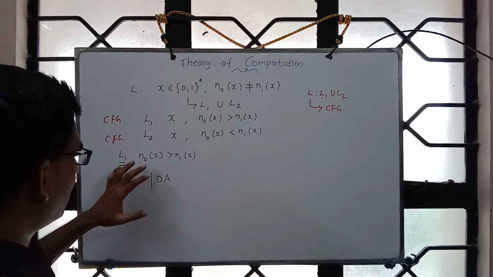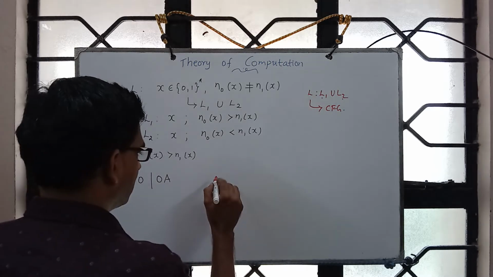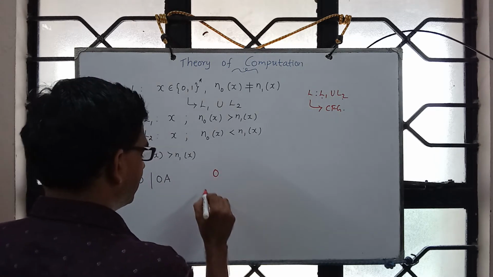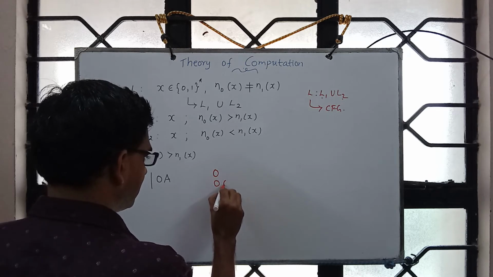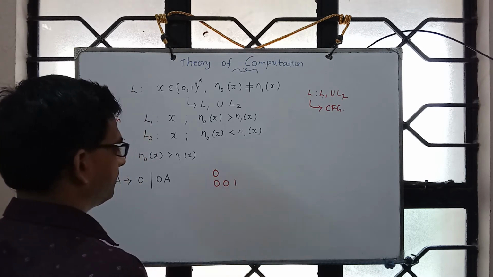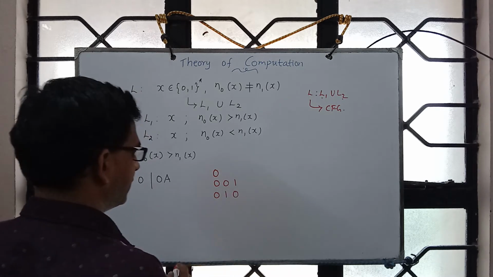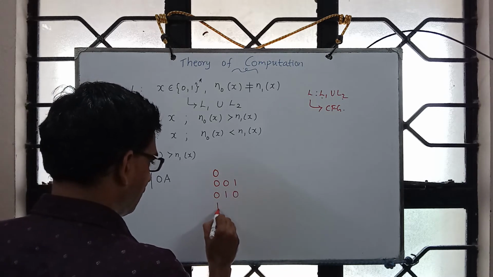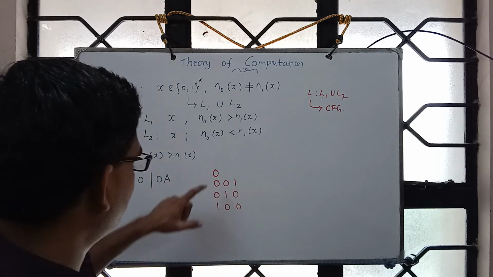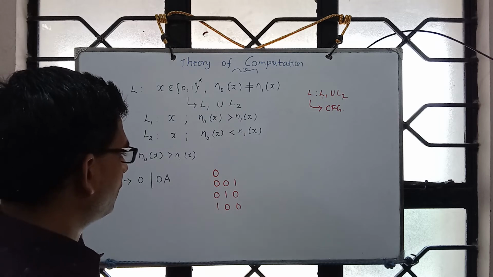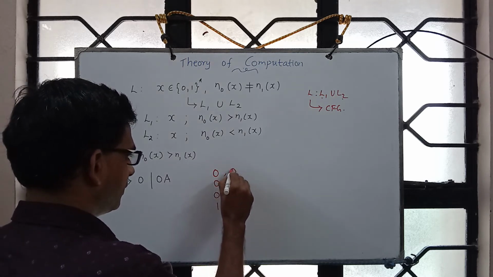Now the question is, how do we introduce 1? Let's look at a couple of patterns. The simplest one is 0. The next ones are 0 0 1, or 0 1 0, or 1 0 0. If you look at this, a length 2 string is only 0 0.